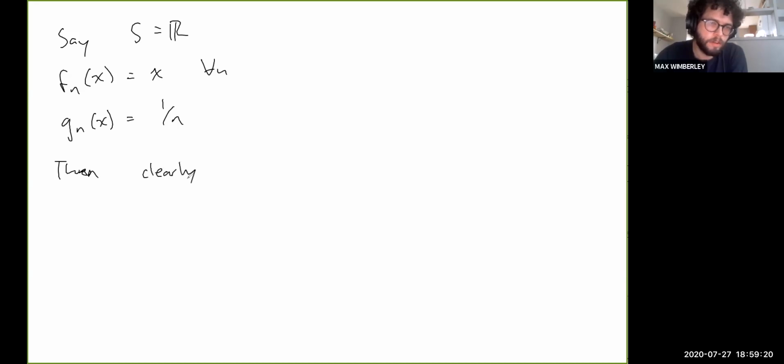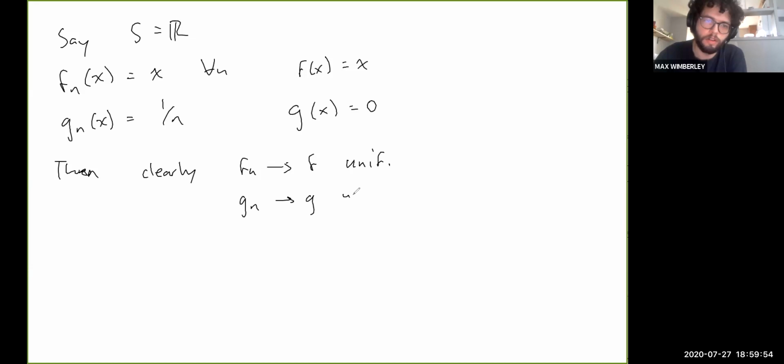Clearly fn approaches f, where f of x is just x. It's a constant sequence because each function is the same, so it converges uniformly, since fn of x minus f of x is always 0 for every x value. And g of x would be 0, so gn approaches g uniformly.